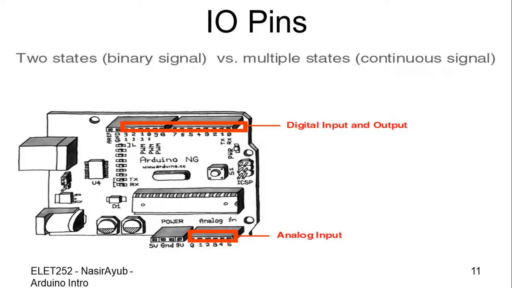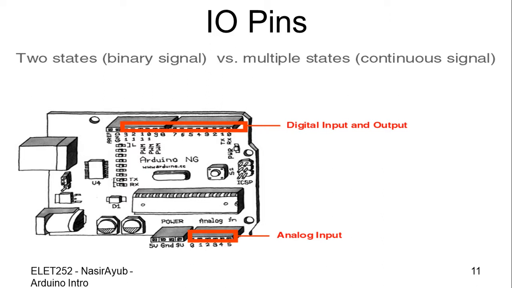So as I said, on the Arduino board, the pins labeled 0, 1, 2, 3 up to 13 are all digital I/O pins. On some of the pins you will see this tilde symbol.